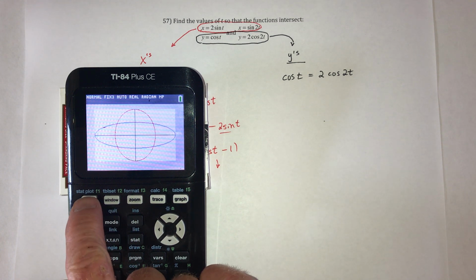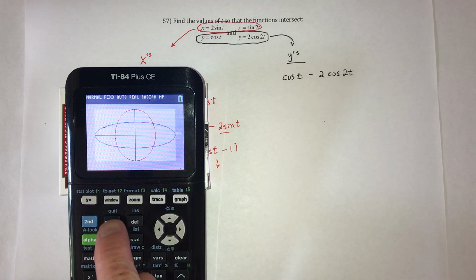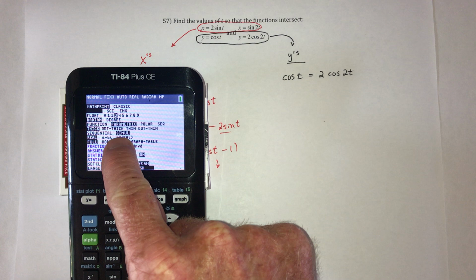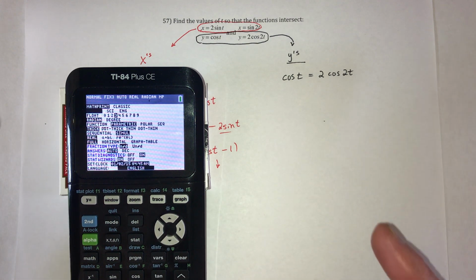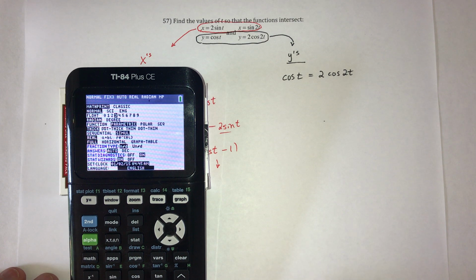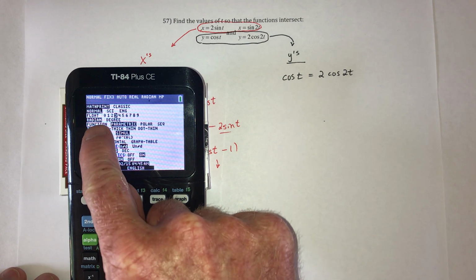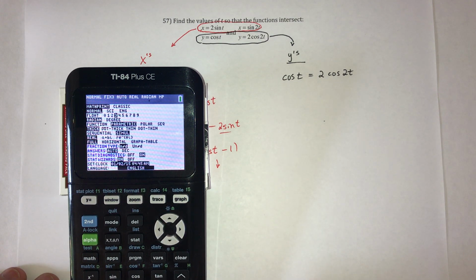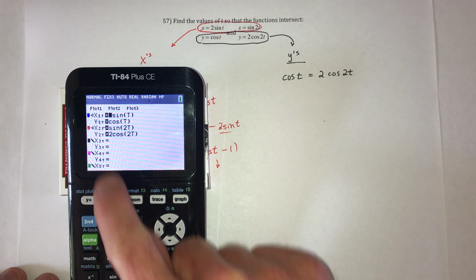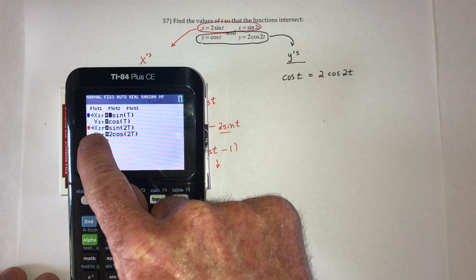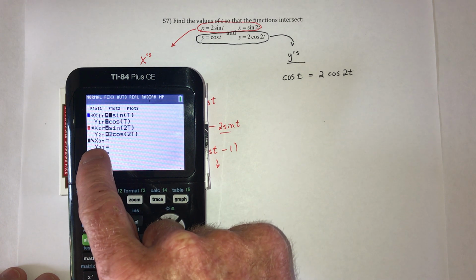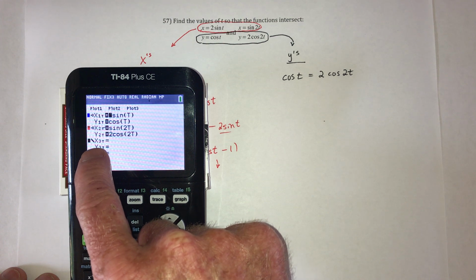So let me show you a couple things that I've set up on my calculator. One is on the mode. Right here, I change it to simultaneous so that it graphs them both at the same time, and then you can see if they get to the same place at the same time. Of course, make sure it's in radians and parametric. The other thing is when I put y equals, notice that these have a circle with a little line after it. These other ones are just a straight solid line.